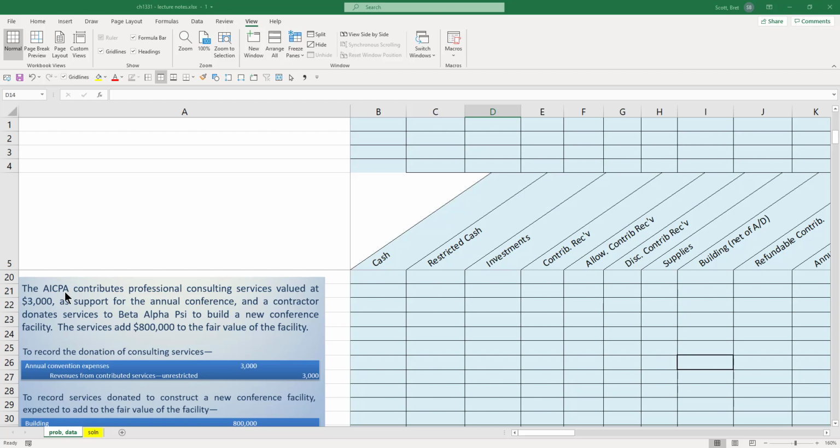When the stock market crashed in late October of 1929, the AICPA was the institute that most people turned to, to say, how do we account for certain transactions?